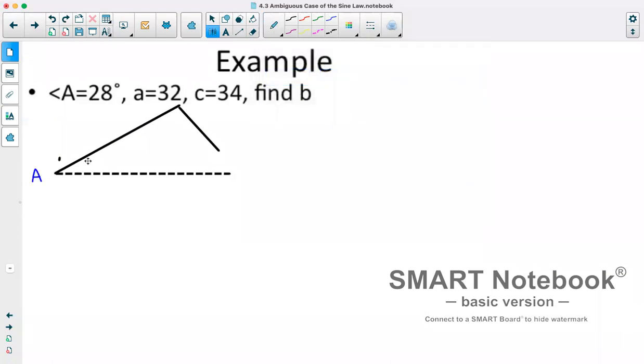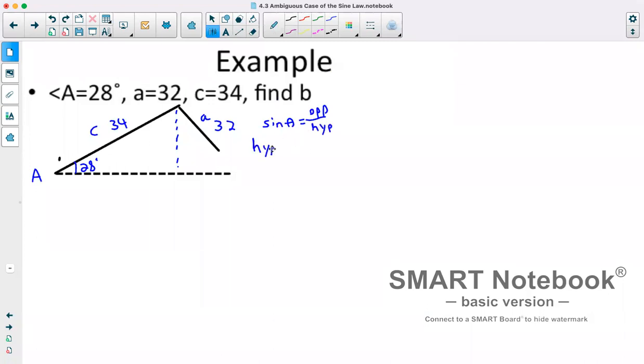So we're given A, which is 28 degrees. Opposite is side A, which has a length of 32. This side is 34. And we want to first figure out our height. So doing that was utilizing sine. So we had sine was opposite over hypotenuse. We want to solve for our opposite.